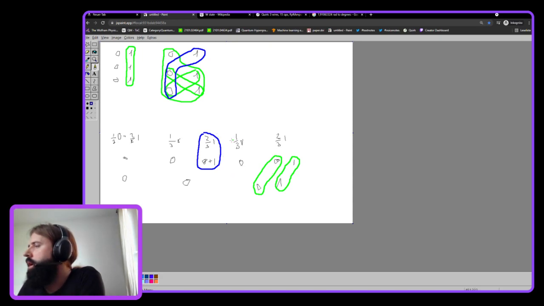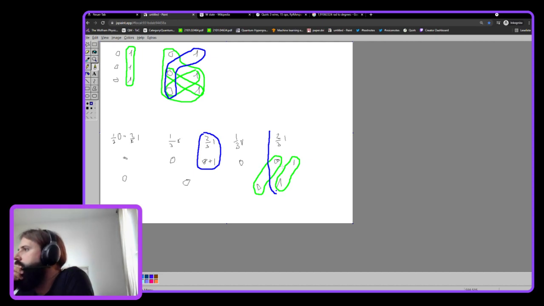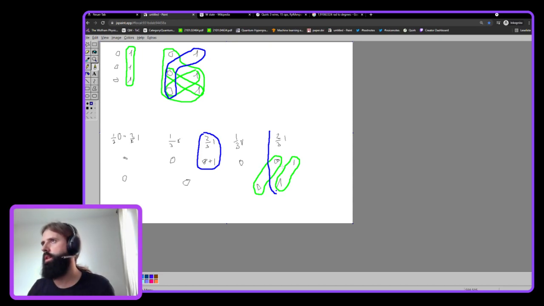But then the truth is, now it's getting complicated, right? Does it include the 0 or it doesn't? I think it does. I think it definitely does.